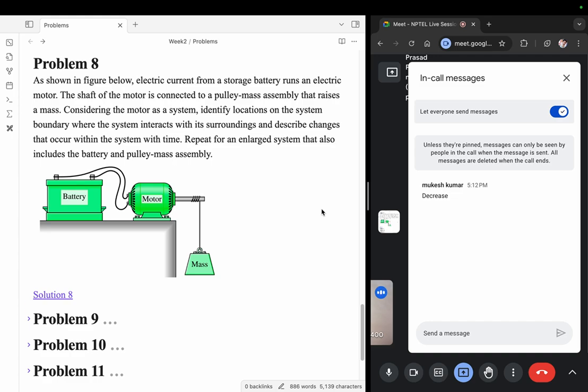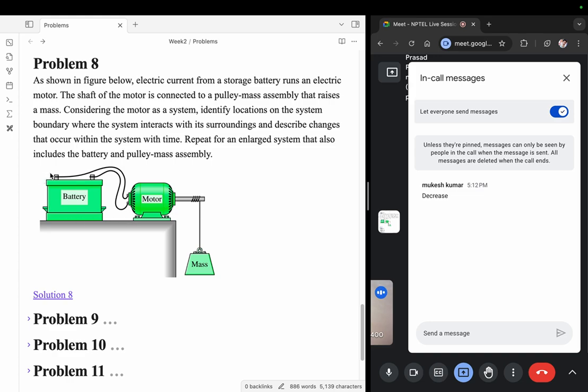I hope you have gone through the question. Basically there is a motor, there is a battery, and then there is some mass attached to the shaft of the motor. Once the battery gives the power, the shaft rotates, and because of the tension in the string as it rotates, the mass will rise upwards. That is the intent of this. Now we can consider different cases.